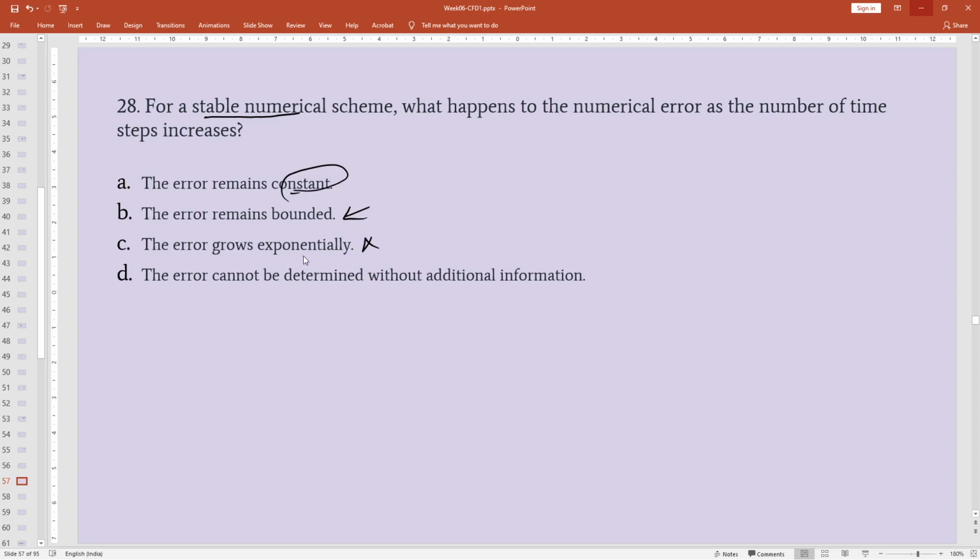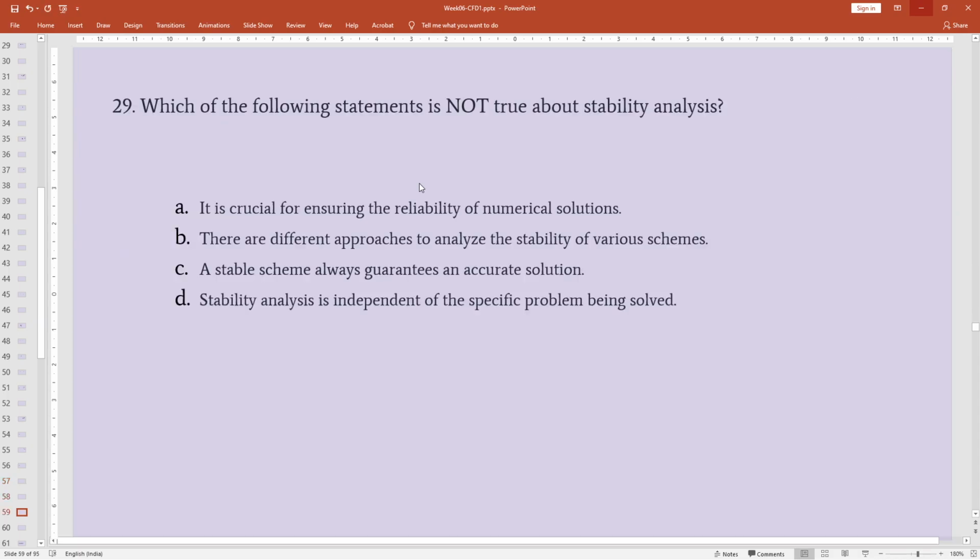Error won't grow in a stable scheme, and we don't need any additional information, since the information given says that it is already a stable scheme. Stable scheme means the error remains bounded, the error should not grow. Our answer is option B.